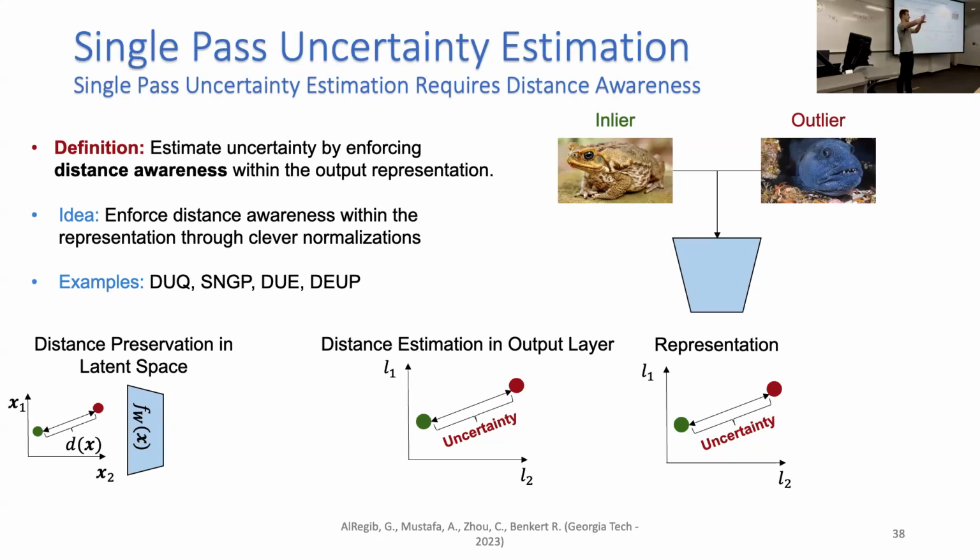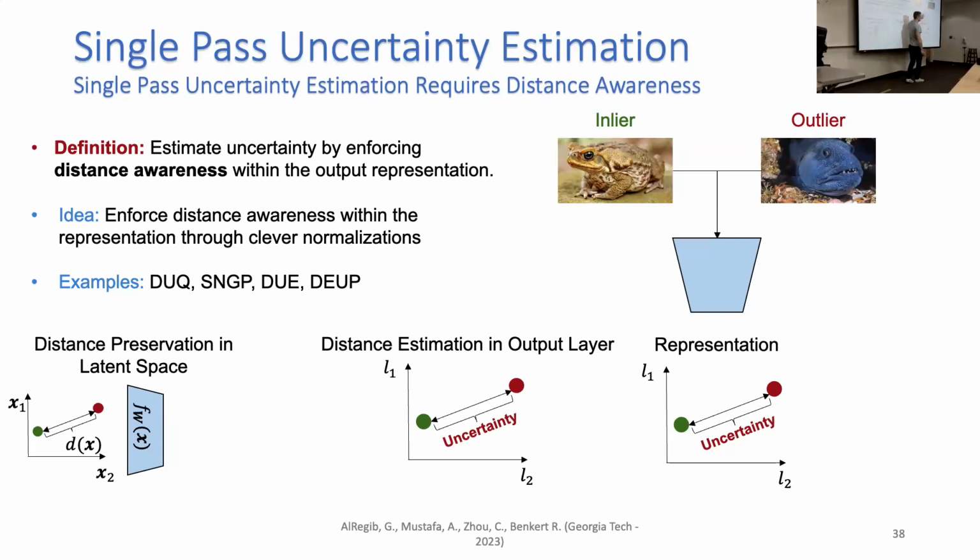So the moment we have those two separated manifolds, we can measure uncertainty with a statistic. That was the distance awareness that I was discussing. So there are two different pieces that we need: the distance preservation one that I just mentioned, and the distance estimation in the output layer. And that's really what all of these methods do.